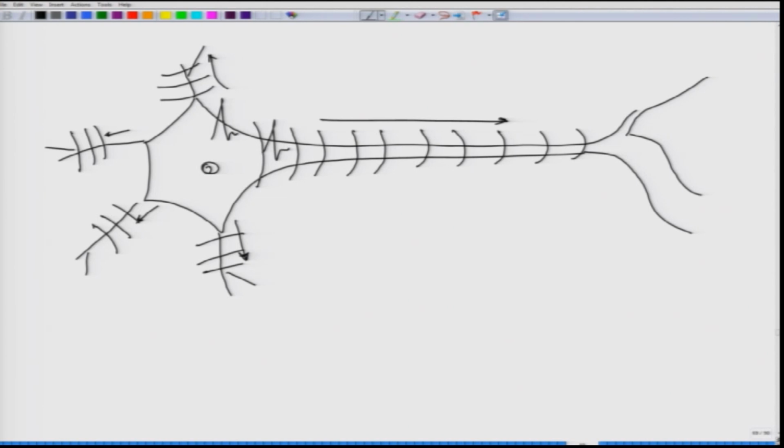They do travel to a certain degree towards the dendritic trees, but they are not significant. Why? Because a higher concentration of sodium channels is sitting at the axon hillock. If you remember, when I showed you the anatomy, the axon hillock. So, that is why the predominant motion of this disturbance is like this.